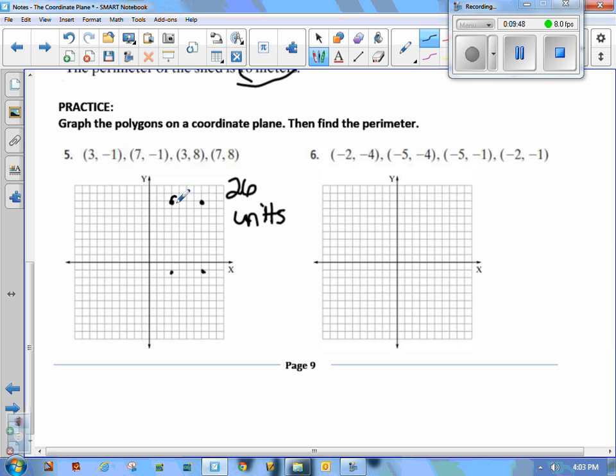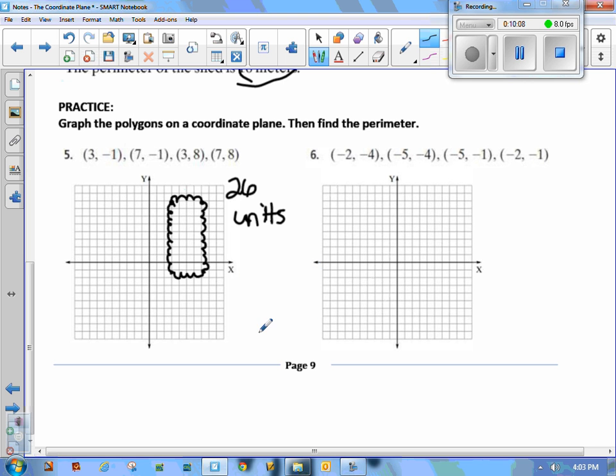We could count loops 1, 2, 3, all the way to 26. And you still get 26 units.